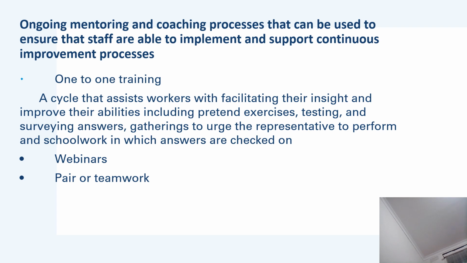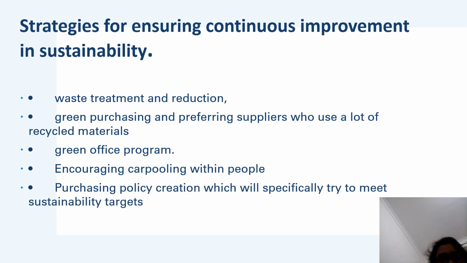One-to-one training is a cycle which assists all the different employees to improve their abilities, including pretend exercises, testing, and survey answering, so that it could indirectly mentor and coach them so that they could better implement their progress in the continuous improvement process.